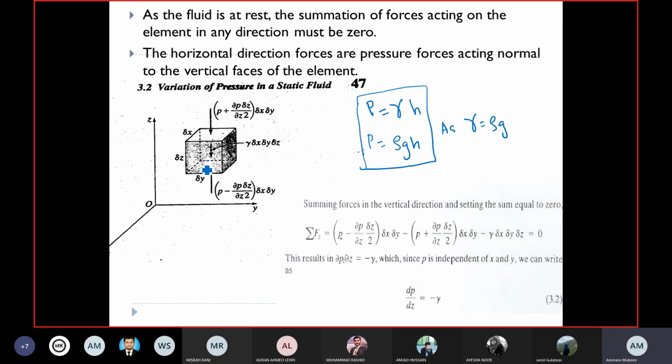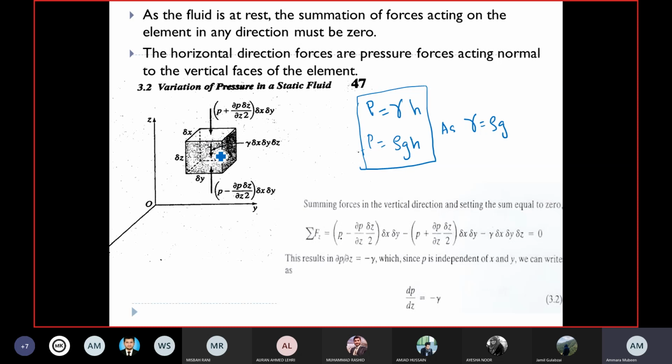So this is the cubical element under consideration. The weight of this cubical element acts vertically downward, and we have already discussed how to calculate the weight. Weight would be equal to the specific weight multiplied by the volume of this cubical element. Since this fluid element is at rest, we can apply the laws of equilibrium on it.